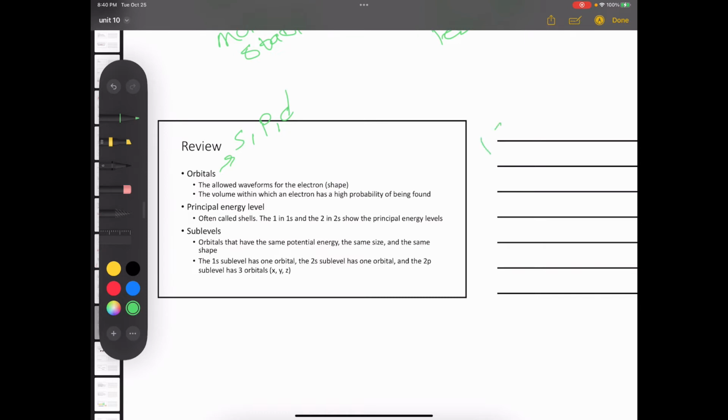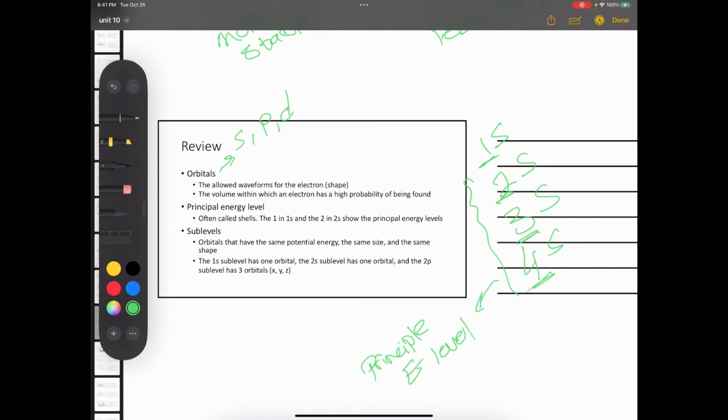So every time we say 1s, 2s, 3s, 4s, every number accompanying the s orbital represents the principal energy level. So if I ask where the 4s orbital is located, you should say immediately that it is located in the fourth principal energy level. Same thing for the second and same thing for the third.